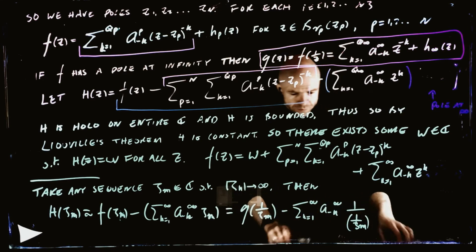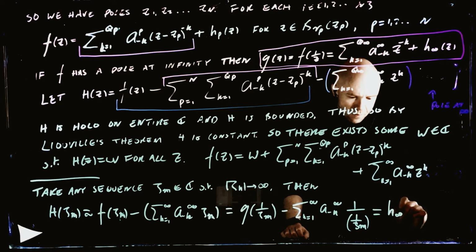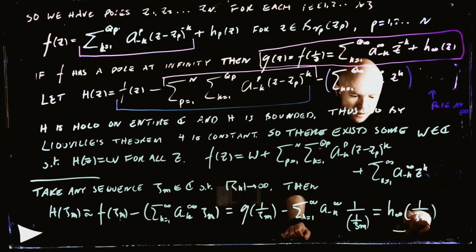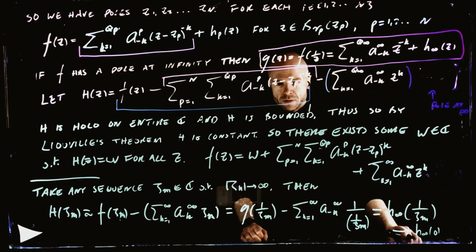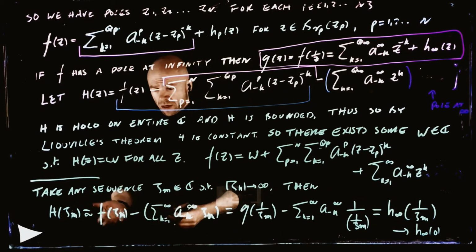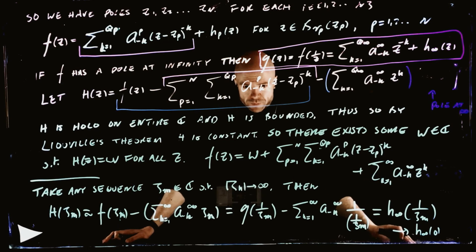So this thing really is just h infinity of 1 over zeta m, and that's just tending to h infinity of 0, whatever that is. So for any sequence zeta m going to infinity, the limit of f of zeta m is going to go to some bounded thing. So we definitely have that it's bounded.